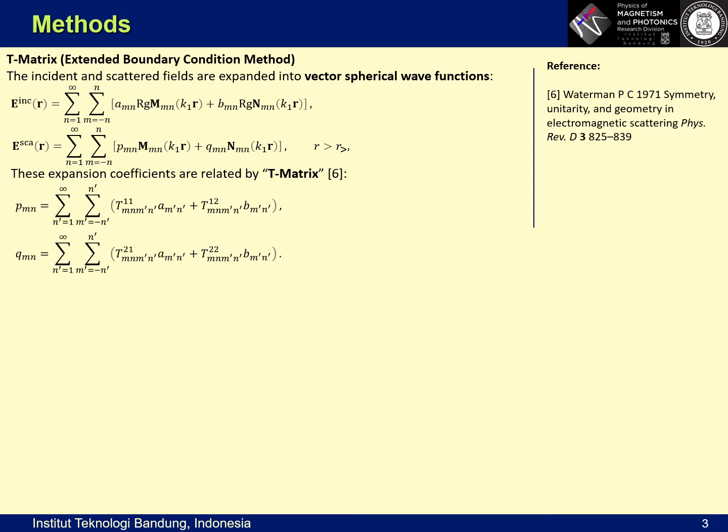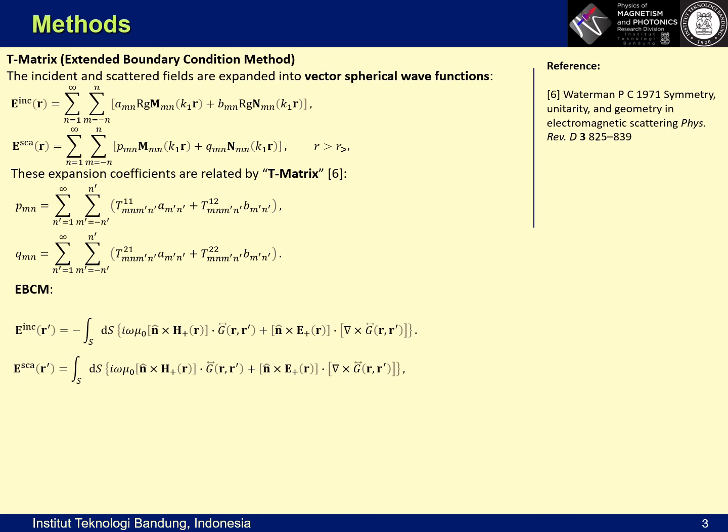These expansion coefficients A, B, P, and Q are related by the T-matrix. To calculate the T-matrix, we use the extended boundary condition method. In this method, we need to find the surface integral equation for incident and scattered field.